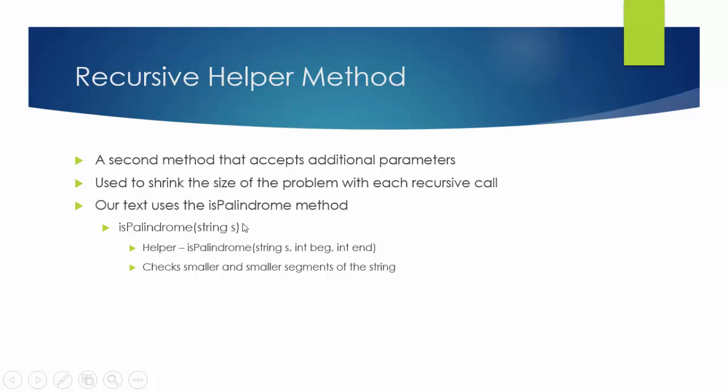In your textbook, you'll see that the isPalindrome method is defined to take a parameter of a string. Its helper method, isPalindrome, takes a parameter of a string, but also a beginning integer point and an ending integer point in that string, so that we can test smaller and smaller sections of the string.